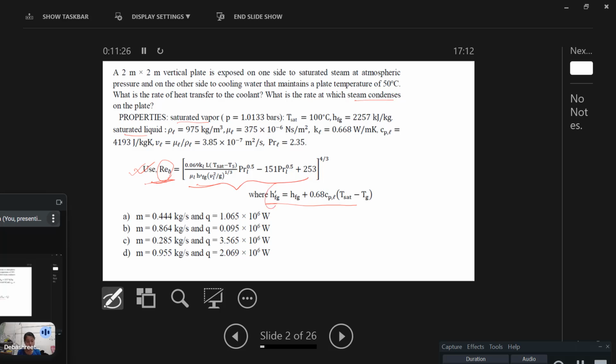So first let us find this h'fg, then we'll insert this value here. h'fg is equal to hfg, given here as 2257 plus 0.68 Cpl, the specific heat capacity of the liquid, 4193, into Tsat minus Tw. Tsat is the saturation temperature, which is 100 degrees Celsius, and Tw is 50 degrees Celsius. So if we calculate this, how much do we get?